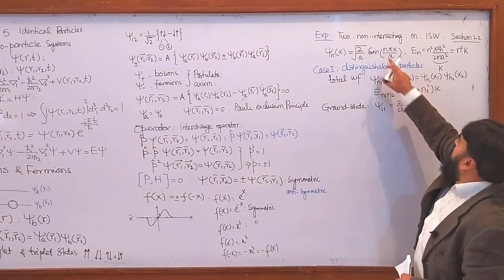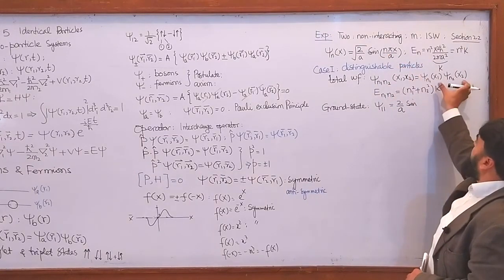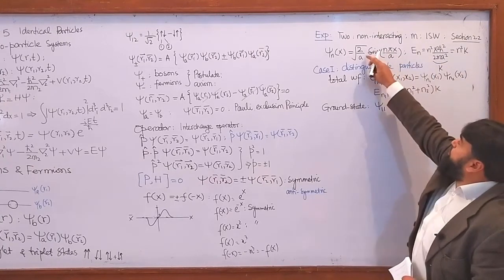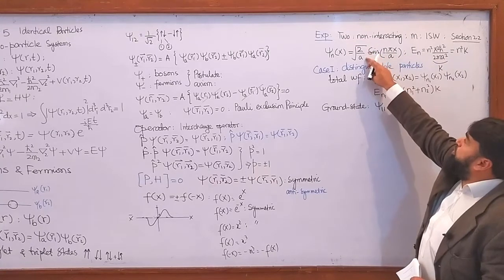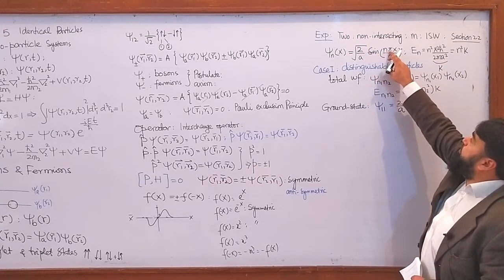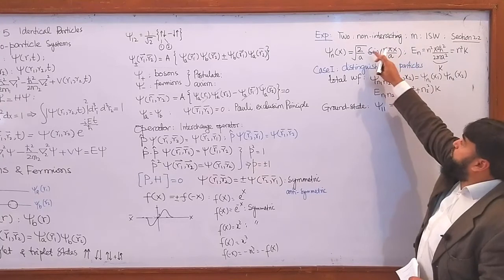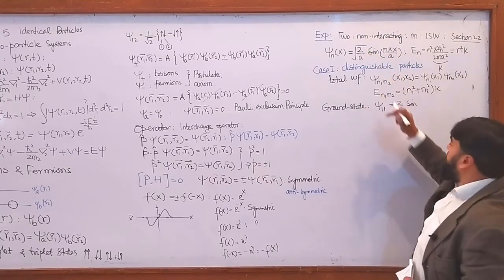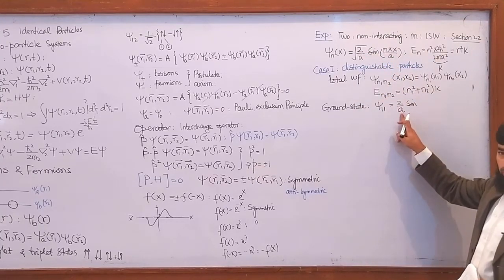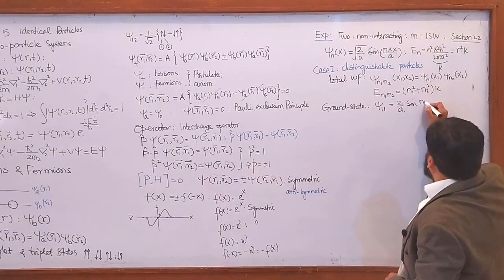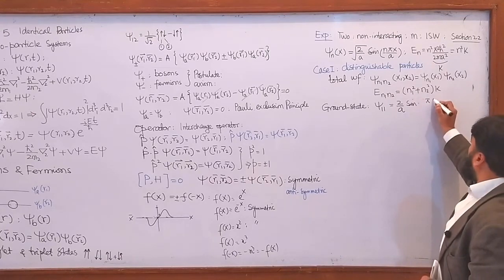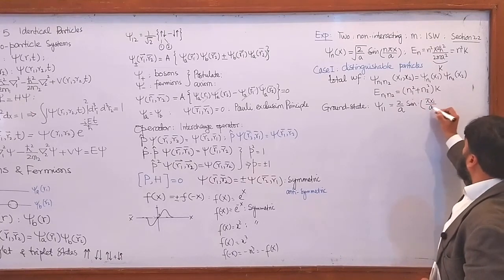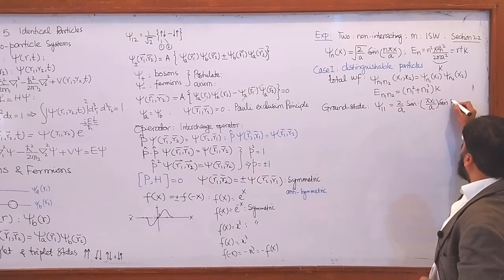Put here n1, you will have to write them individually first. So it will be square root of 2 over a sine n1 pi x1 over a multiplied with square root of 2 over a sine n2 pi x2 over a. So square root of 2 over a multiplied with square root of 2 over a will become 2 over a, and sine n1 pi x1 over a, n1 is 1, so I am not writing n1, and sine pi x2 over a.